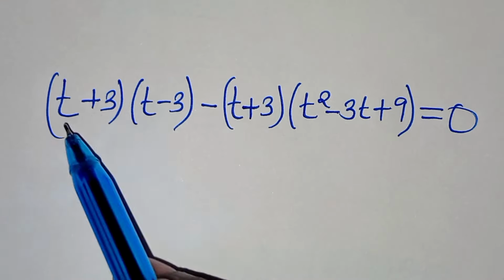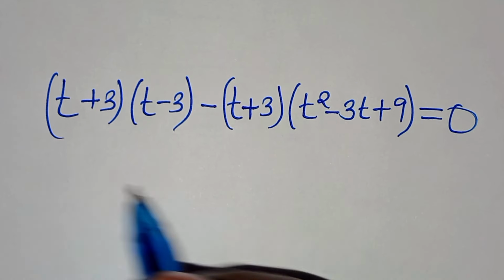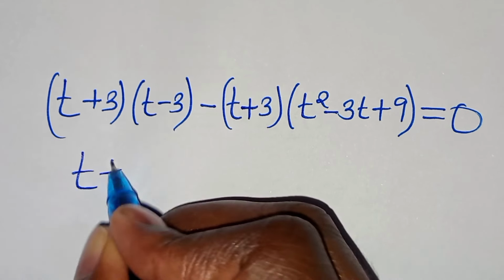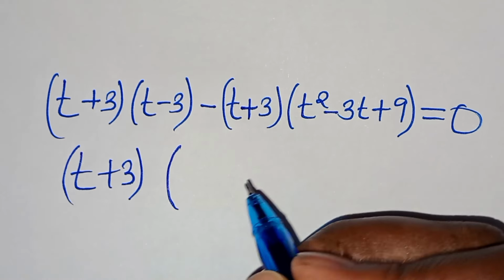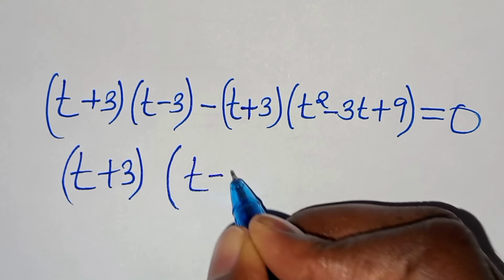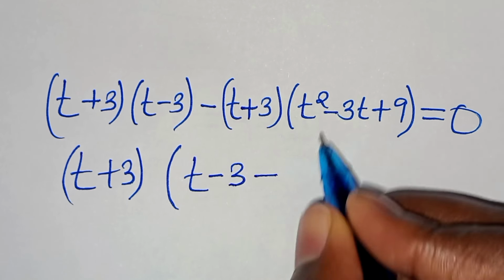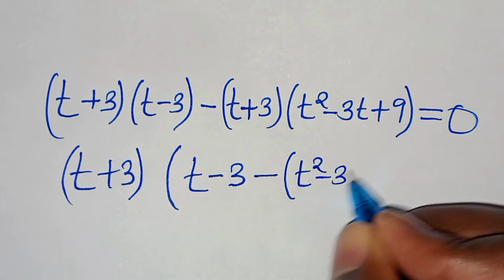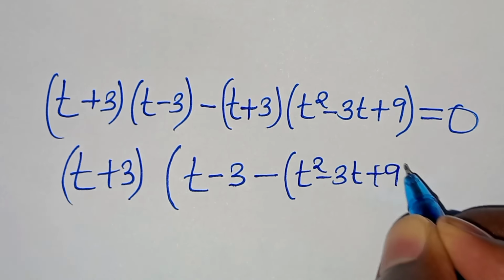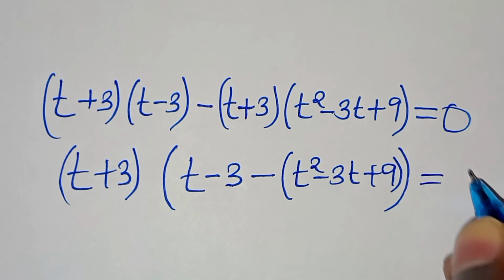Now we have that t plus 3 is common here. So we can factor out t plus 3. So that now into the parentheses here, we have t minus 3 minus here we have t squared minus 3t plus 9. This is equal to 0.